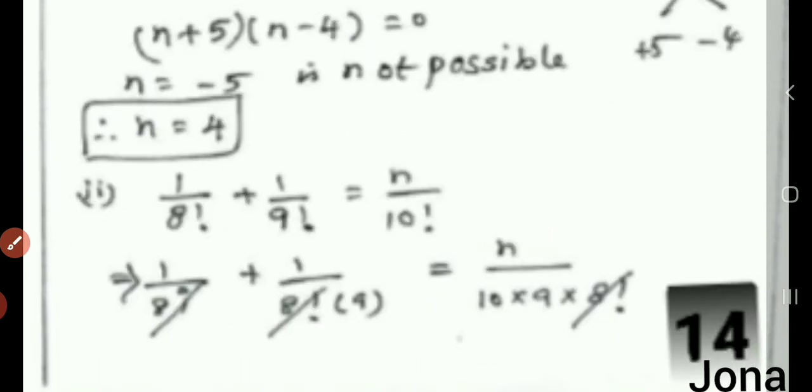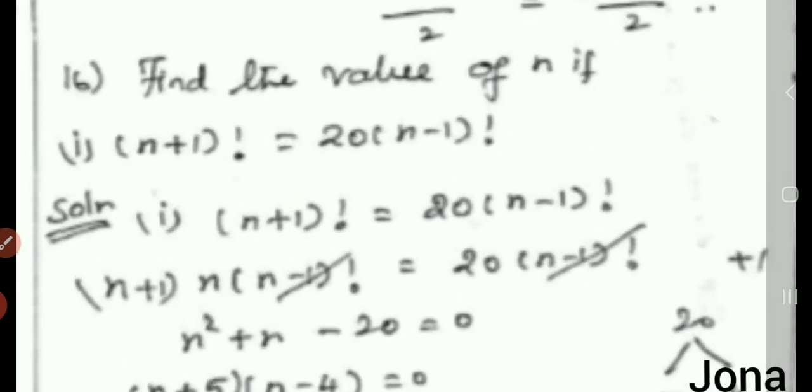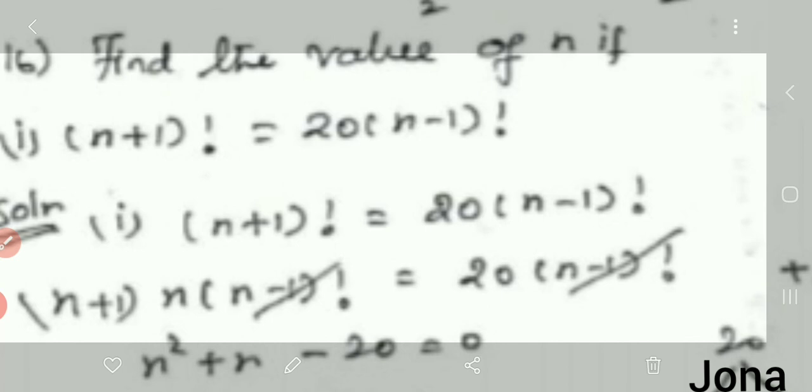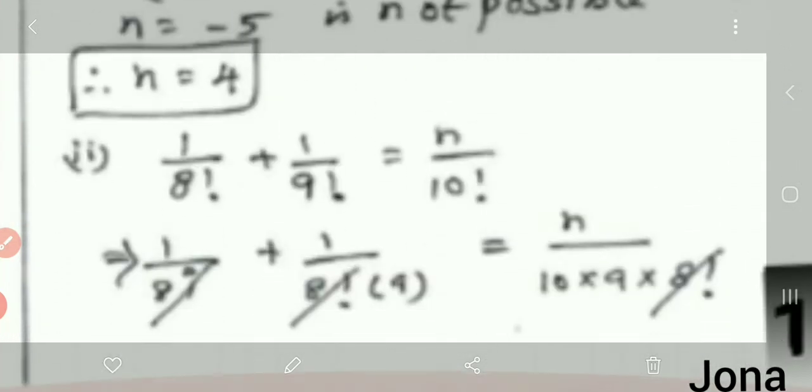The second one, here 1 by 8! plus 1 by 9! equal to n by 10! is there. So 1 by 8! plus 1 by 9! can be written with 9! in the form of 9 into 8!, isn't it?